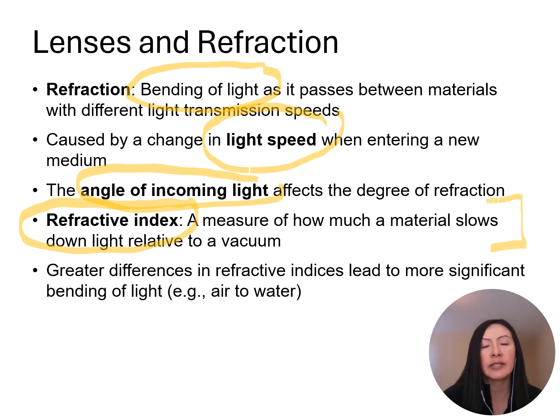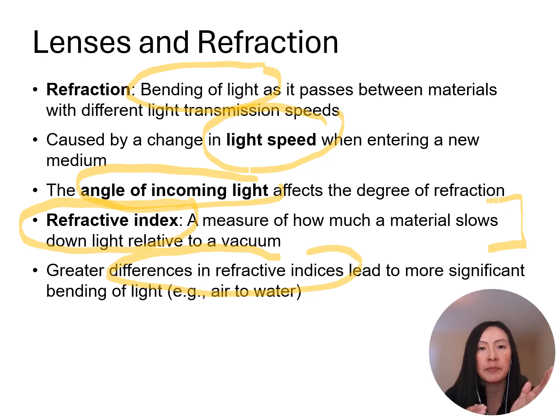Generally, the refractive index is dependent on density. It can depend on the wavelengths of light that are being passed through. It can depend on temperature. And the greater the difference in the refractive index between two types of medium or media, like air versus water or air versus glass, the greater the bending will occur.